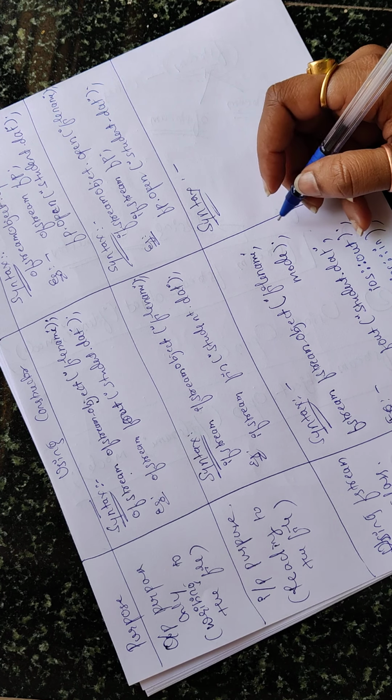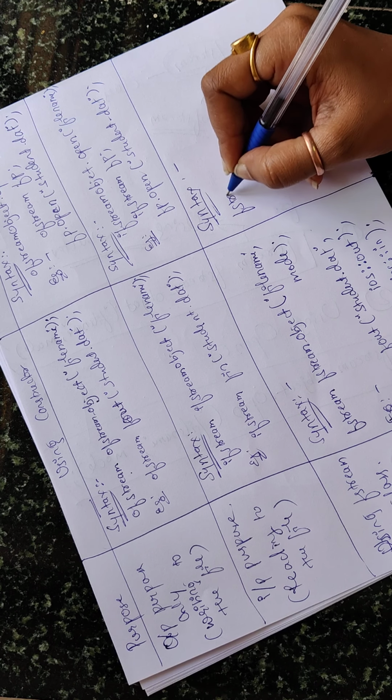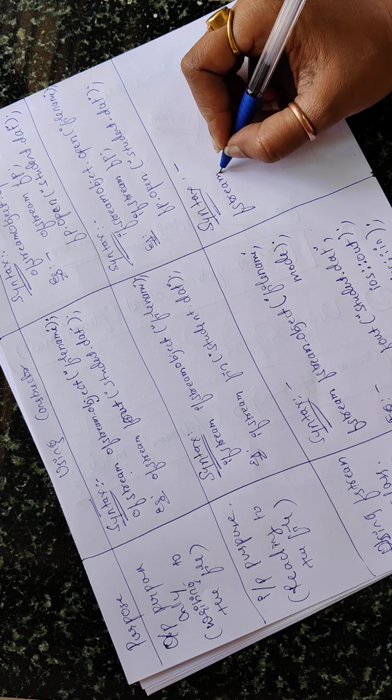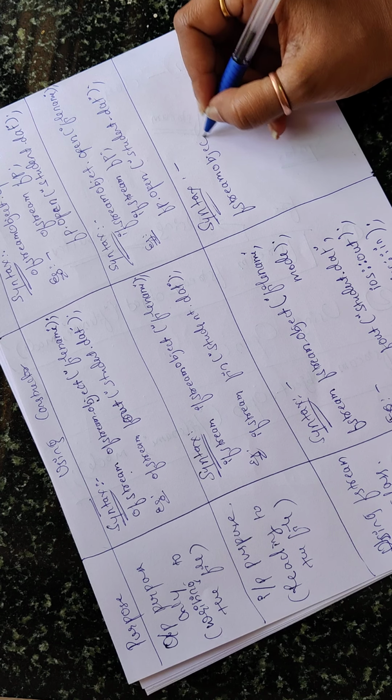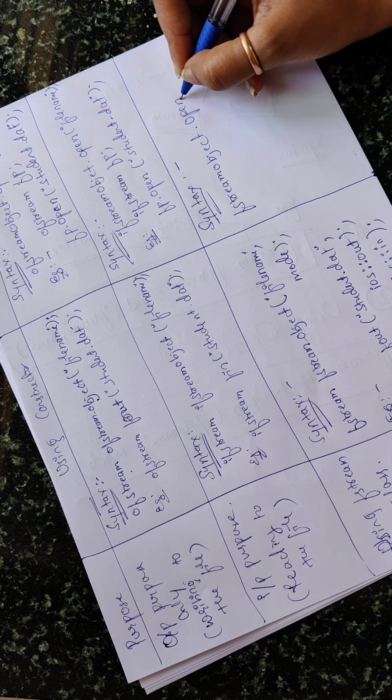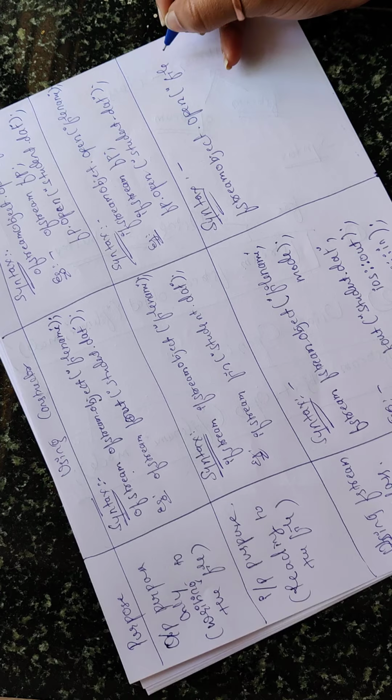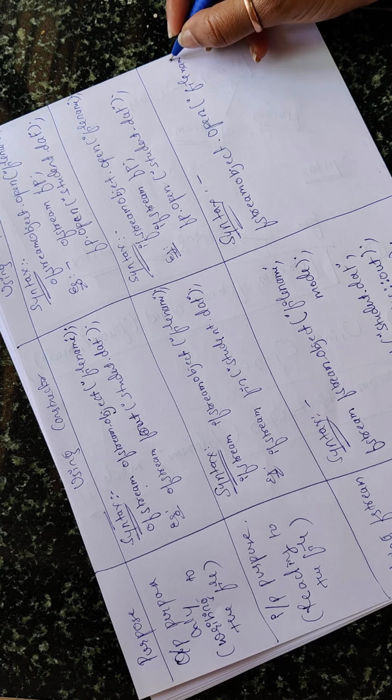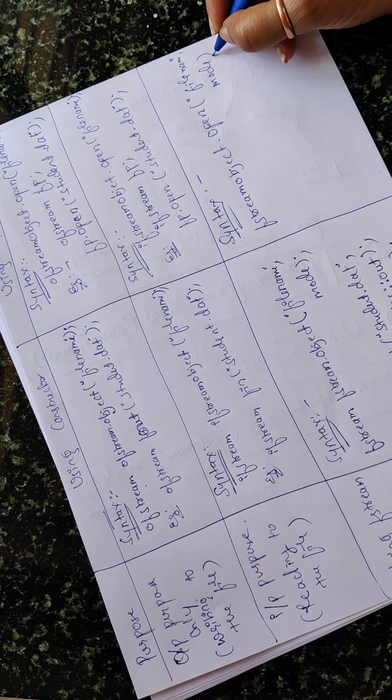Syntax: fstream object dot open, file name, comma, mode.